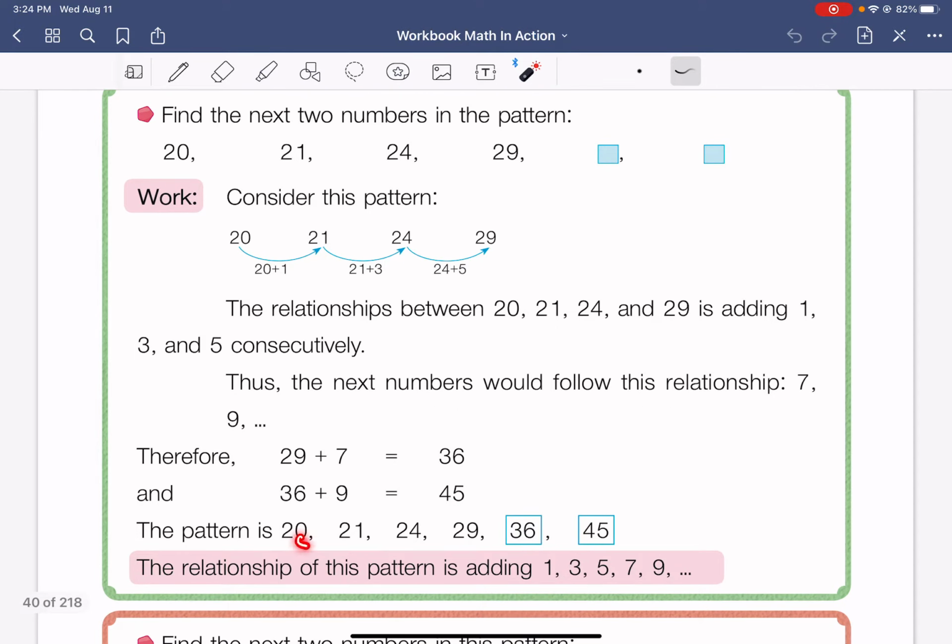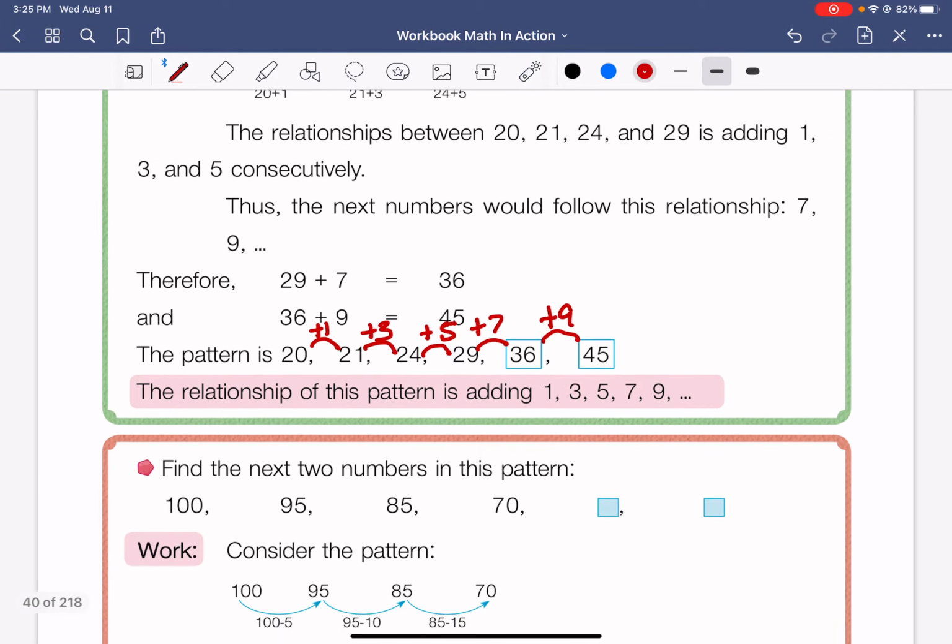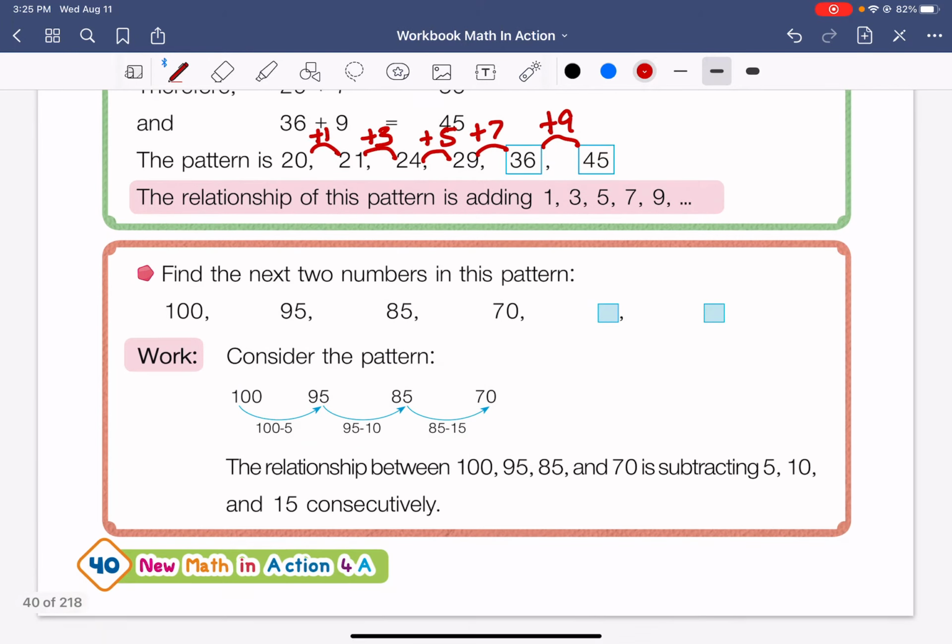Right? So we plus 1, plus 3, plus 5, plus 7, plus 9. And write that down. We're adding 2 every single time, 2 extra.